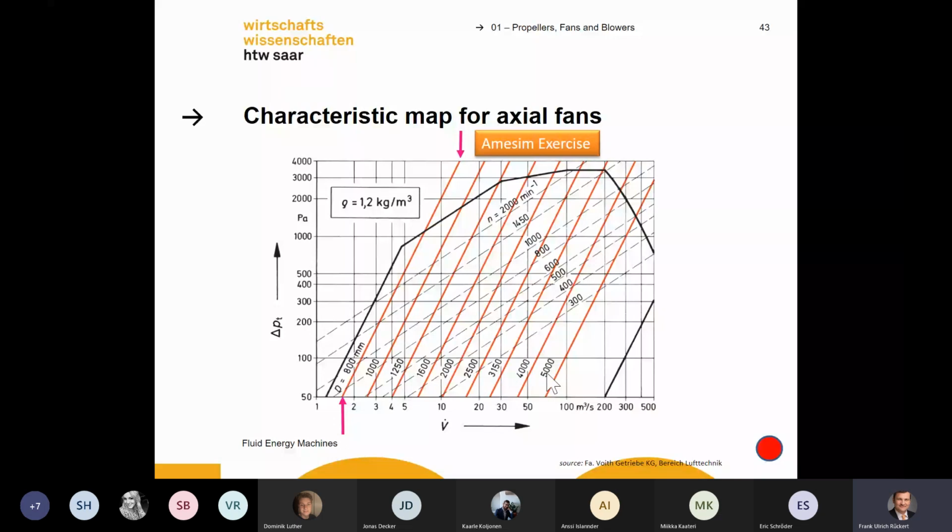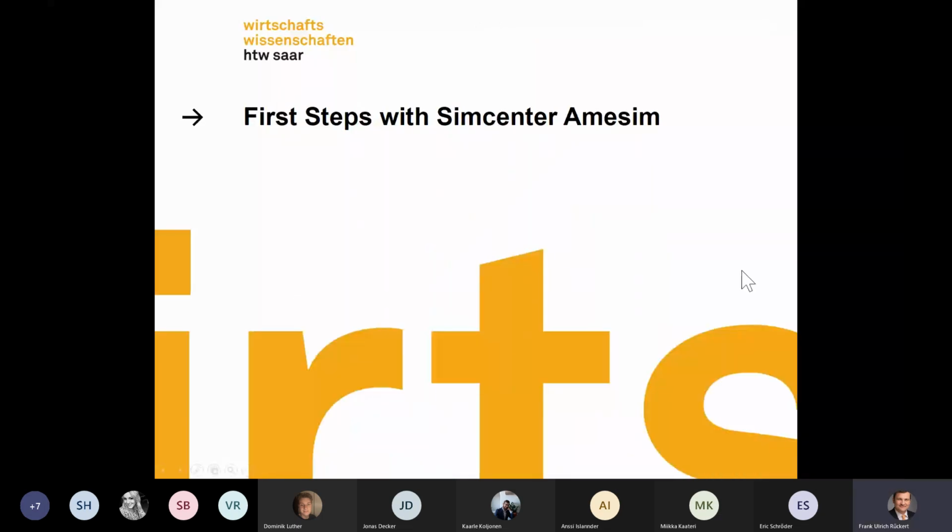I want to show you a bit about simulation, but not too much. And we will need it. I want to go really fast now through the first steps, but we should proceed with these steps next week.